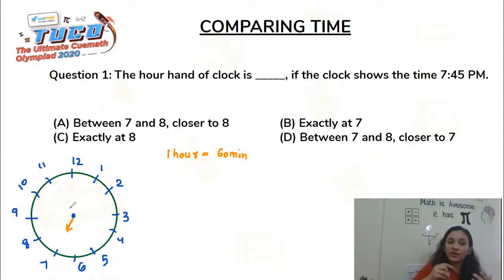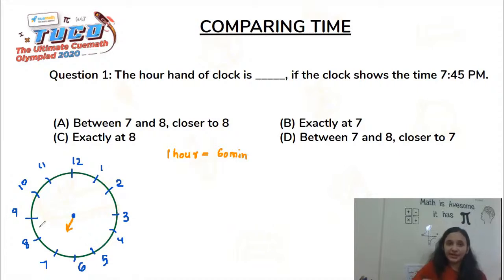So once the minute hand has completed 60 minutes, or you can say the second hand has completed its 60 minutes, that is, one round a second hand makes, when it makes one complete circle, it gives you 1 minute. Like this, when it has done 60 minutes for you, then this hour hand would move from 7 to 8.